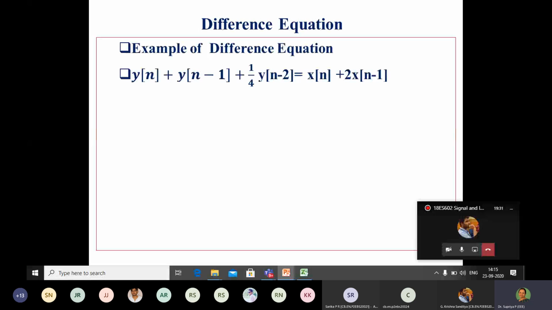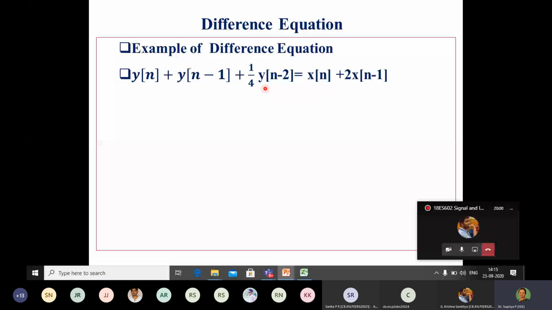Again, just taking a simple example of a difference equation, we would remember that y of n plus y of n minus 1 plus 1 by 4 y of n minus 2 is equal to x of n plus 2x of n minus 1. Here, what we mean is we have the present input and the past input x of n minus 1. We do not have the past input x of n minus 2.